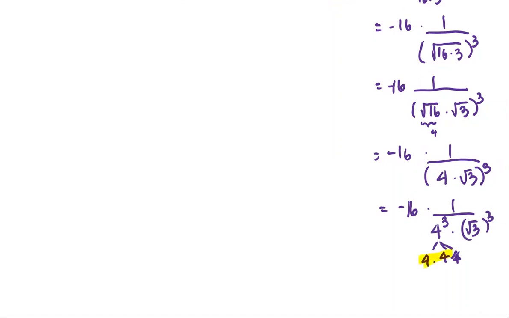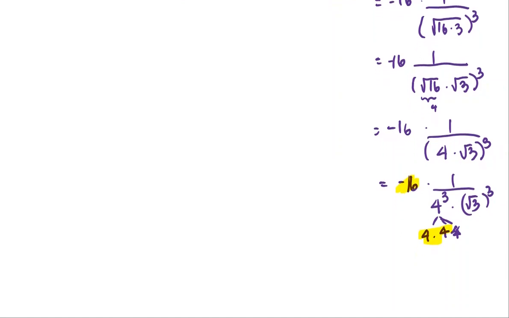And 4 times 4 times 4 is 64, and the negative 16 remains negative. And similarly for the square root of 3 to the third power: this is square root 3 multiplied by square root 3 multiplied by square root 3.